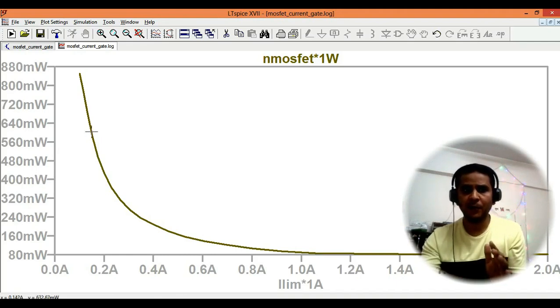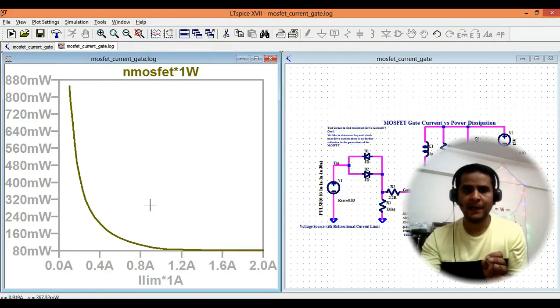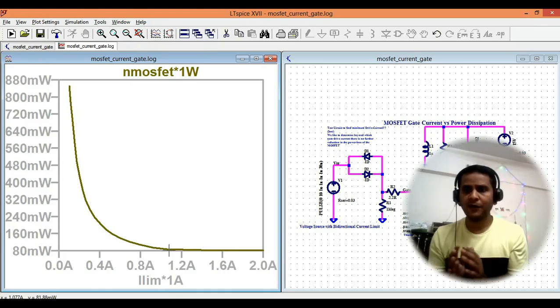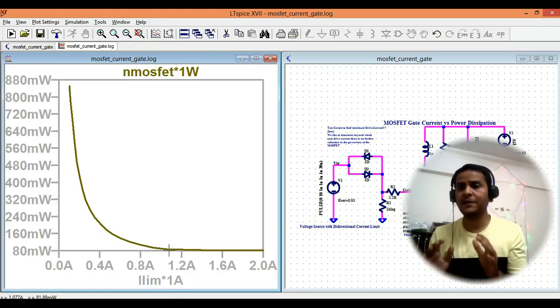If you keep on increasing the gate current, at around 1 ampere you can see that there is no further reduction in your MOSFET power dissipation.